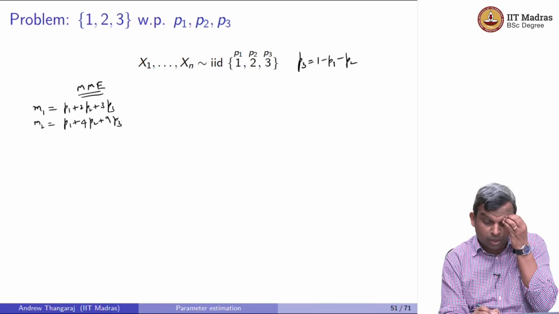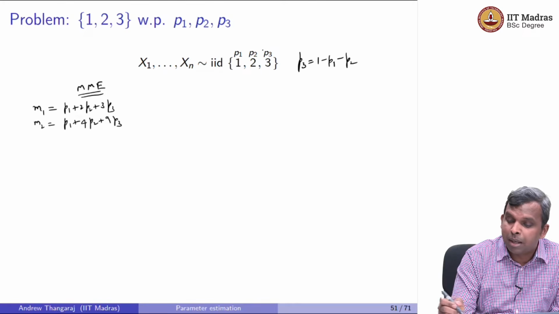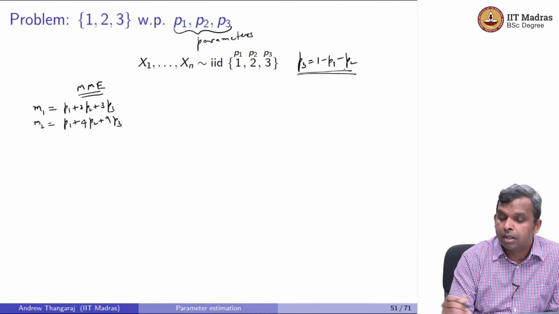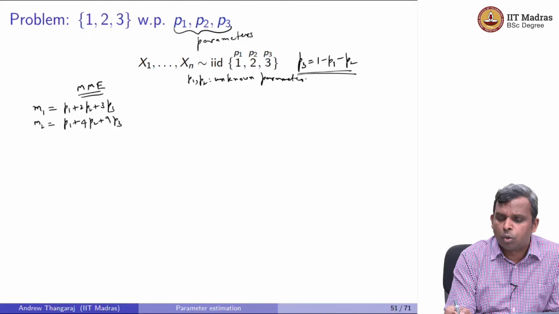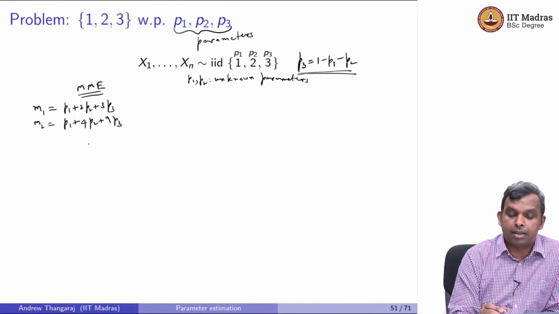Those are the two equations. Now I have to solve for the unknown parameters. Remember, there are 3 parameters, but because of the constraint, I will take P1 and P2 to be the unknown parameters I have to find. Hope that was clear. I didn't say that early enough.